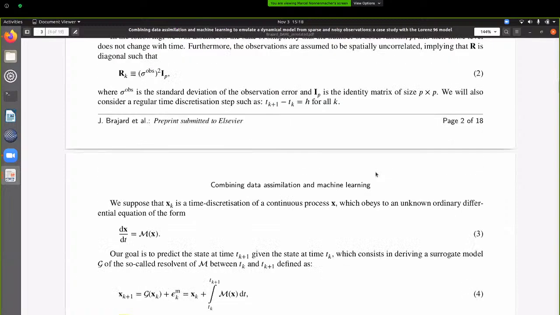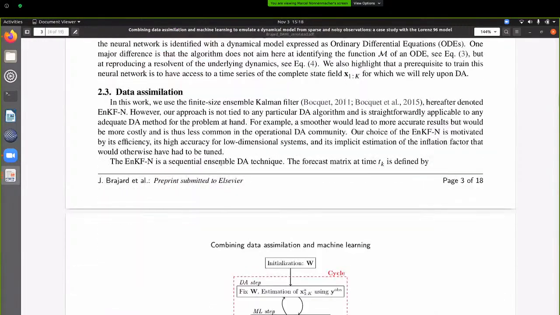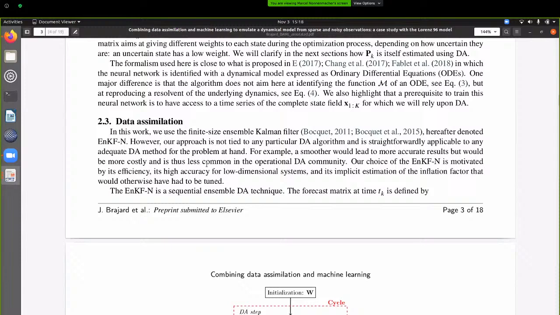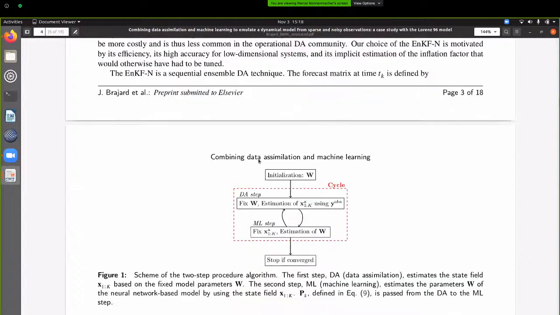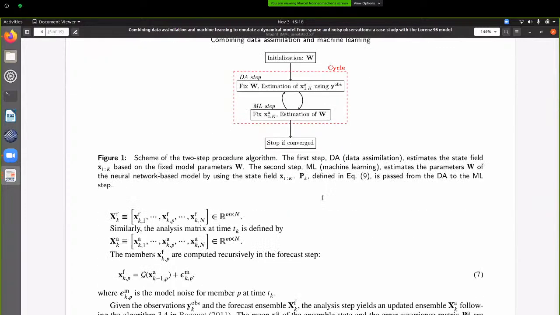Now, how do you get that? Well, there's data assimilation, right? Data assimilation is essentially the task of, given incomplete, noise corrupted observations, a sequence of observations, and a model, how do you get actually the states? The way this works is, if you have a model, you create a forecast from a certain analysis state by applying the model, applying potentially some noise, and this you call the forecast.